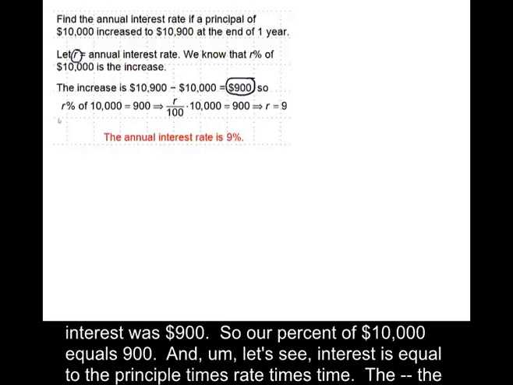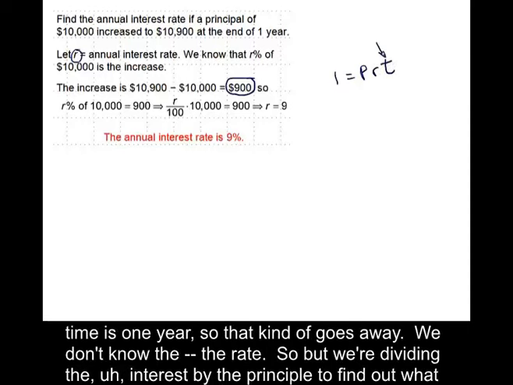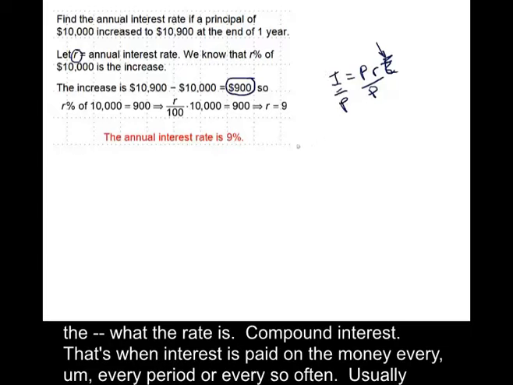So some percent of 10,000 equals 900. Interest is equal to the principal times rate times time. The time is 1 year, so that goes away. We don't know the rate, but we divide the interest by the principal to find the rate.